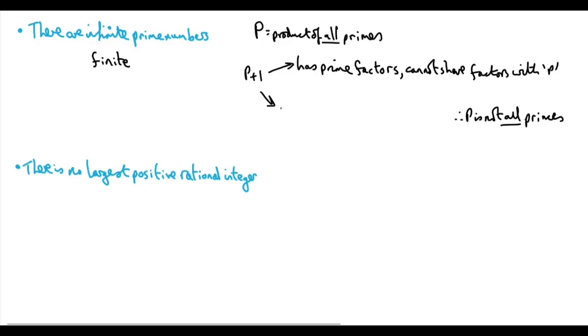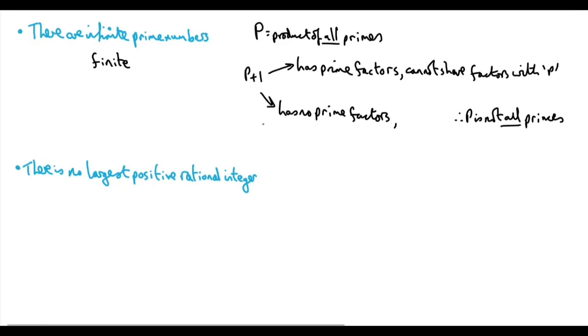Alternatively, we could say that P plus 1 has no prime factors. That would make P plus 1 itself prime. And if P plus 1 is prime, and P plus 1 is obviously greater than P, then P cannot be the product of all primes.